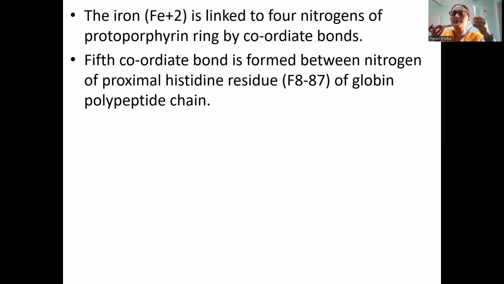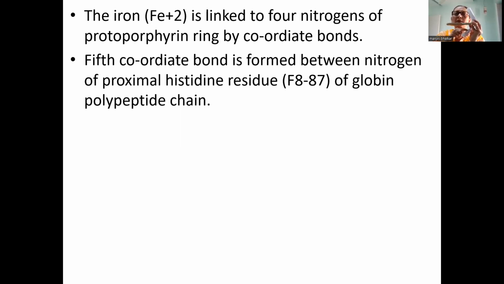This has 4 pyrrole rings at the 4 ends and iron at the center. So when this heme is situated inside the globin pocket, you can imagine that the iron at the center has formed 4 coordinate bonds with the 4 pyrrole nitrogens. Now, this iron can form the 5th coordinate bond with the histidine amino acid of the globin chain.